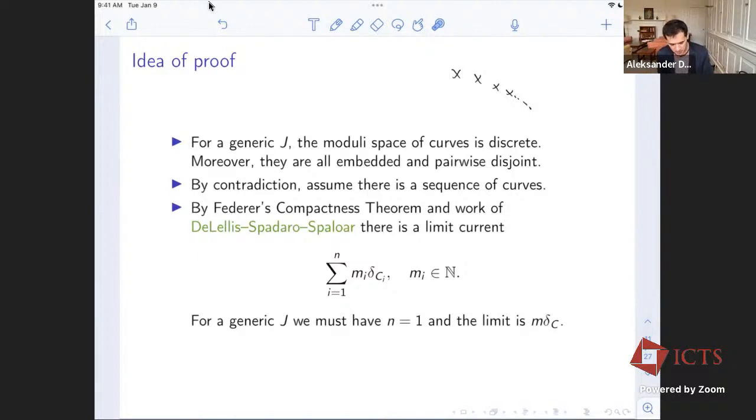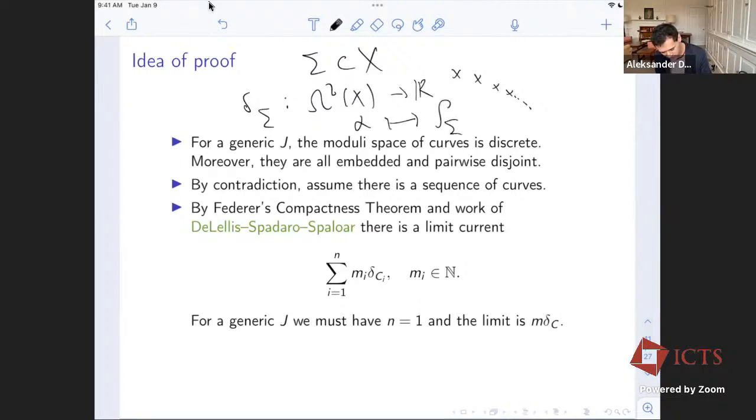Then the point is that if you have a curve inside X, you can think of it as a functional on the space of two forms. So as a current, because you can take a form alpha and integrate it over a surface.